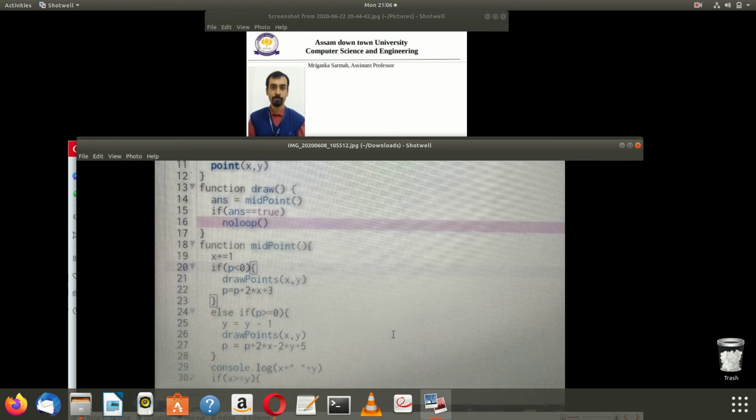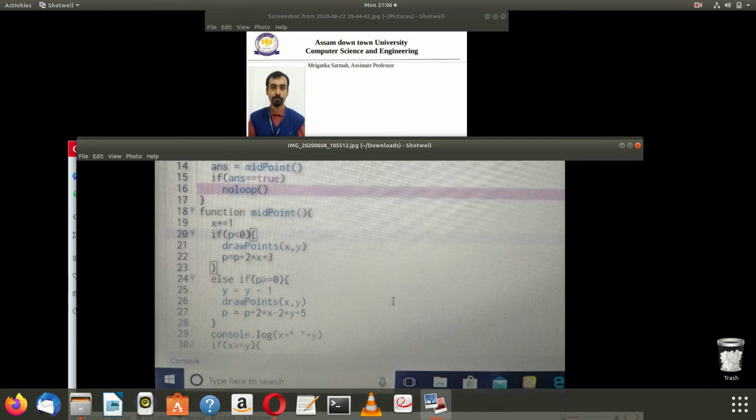So from here we can see the midpoint circle algorithm is starting, where the x coordinate is always on the increasing side, that is, x is always going to increase from left hand to right hand. Our question is to draw the arc of the circle.